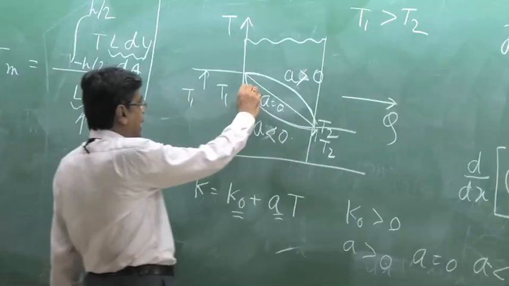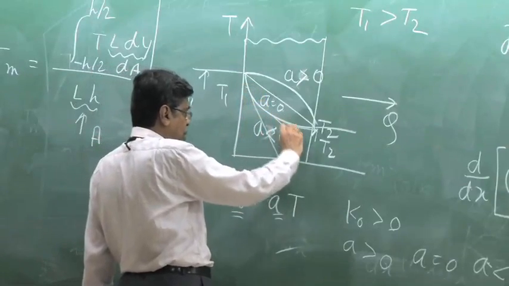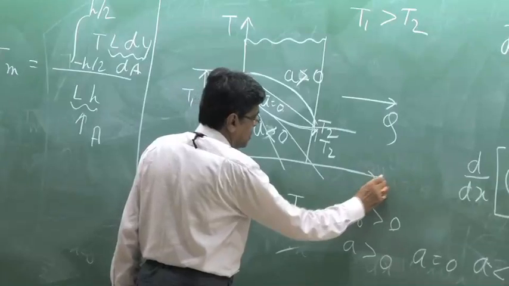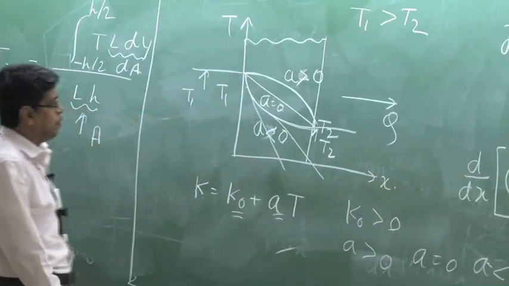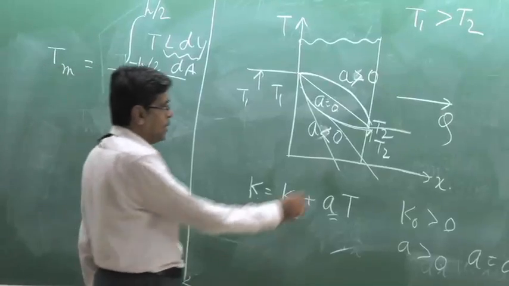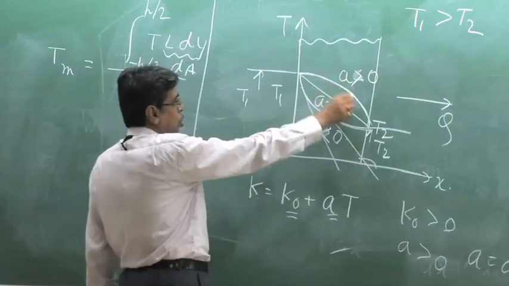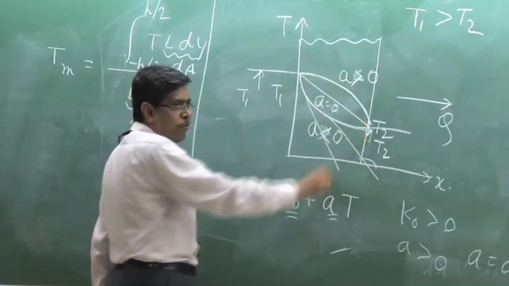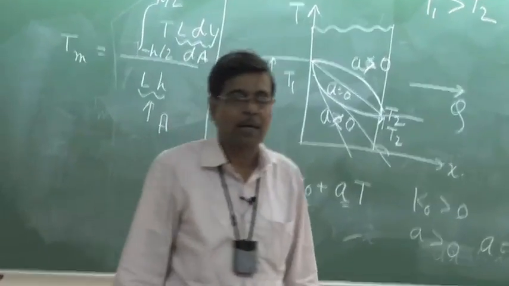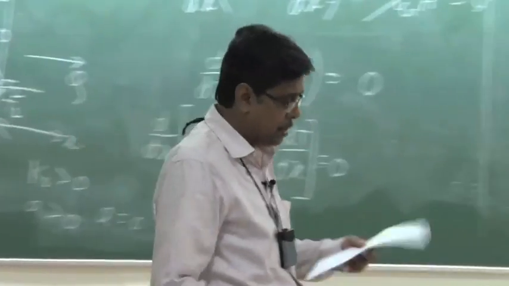That means if you draw a slope here and a slope here, this curvature is positive, a less than 0. That means this slope is increasing, whereas here the slope is decreasing. That means a convex shape where the curvature is negative. d square T dx square is less than 0. Okay?